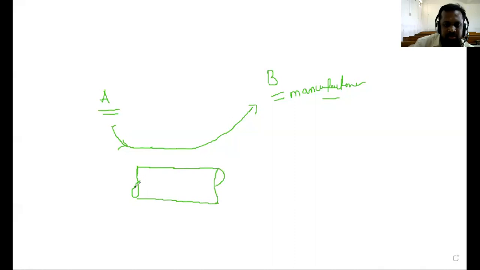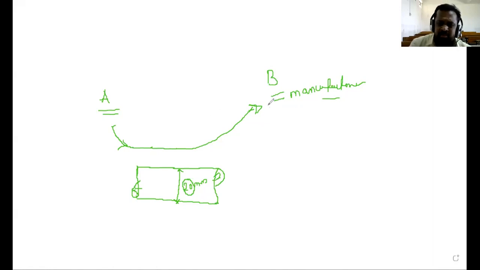The diameter of that shaft is 20. Now see, A has told B, prepare one shaft of a diameter exact 20 mm. This is the order given to B, the manufacturer, from A.